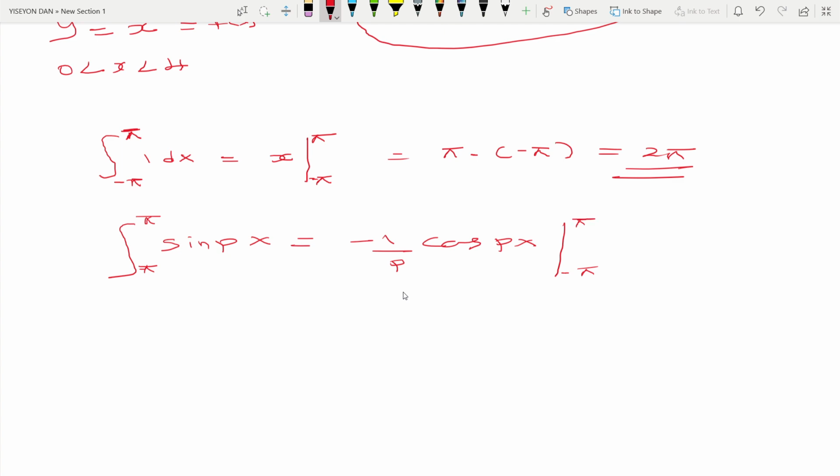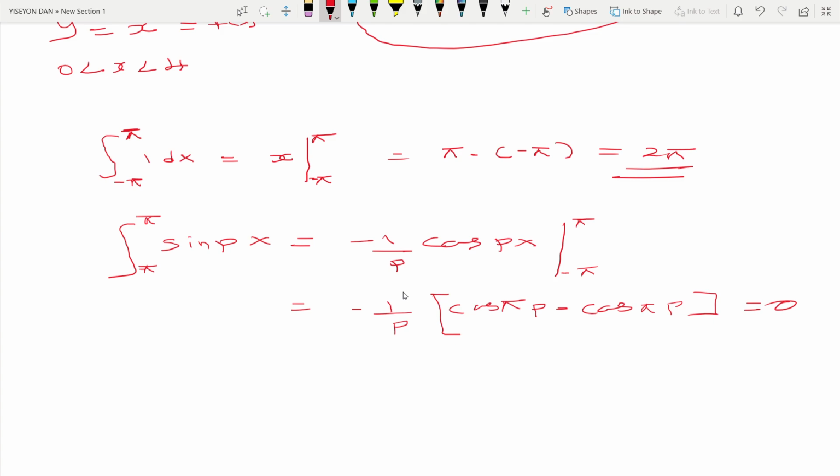On solving this, we have minus 1 over p, which is a constant, then we input the value for x, so we have cos pi p minus cos pi p. So all of this is equal to what? 0.